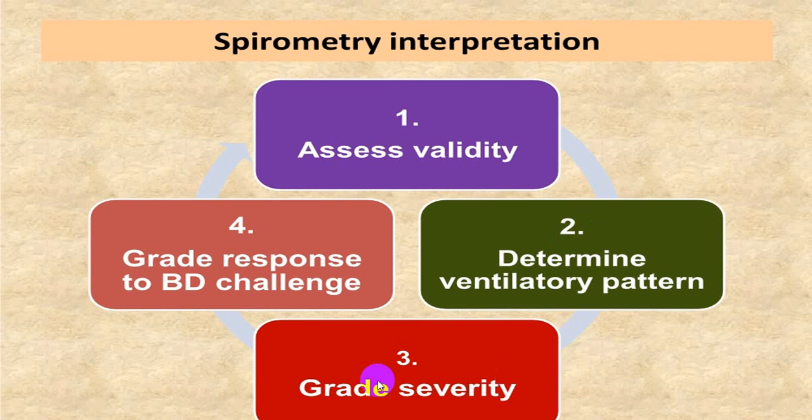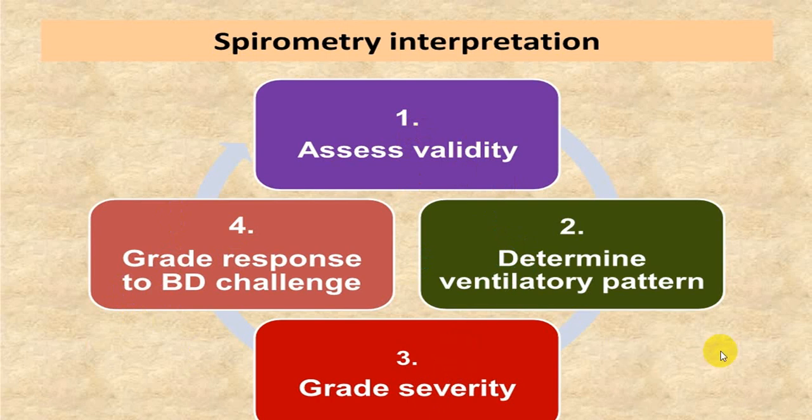If the person has an obstructive element and you want to find out whether it is reversible or non-reversible, to differentiate between COPD and bronchial asthma, you will go for a bronchodilator challenge test. And if it is normal and you suspect bronchial asthma, you can go for an exercise test or a methacholine challenge test. This is routinely done mainly for bronchial asthma, while the first 2 and 3 are a must in all.